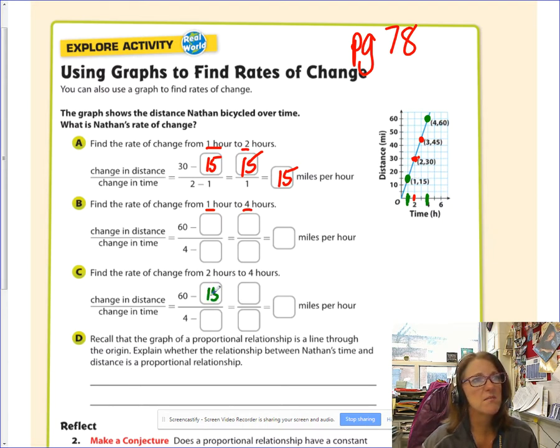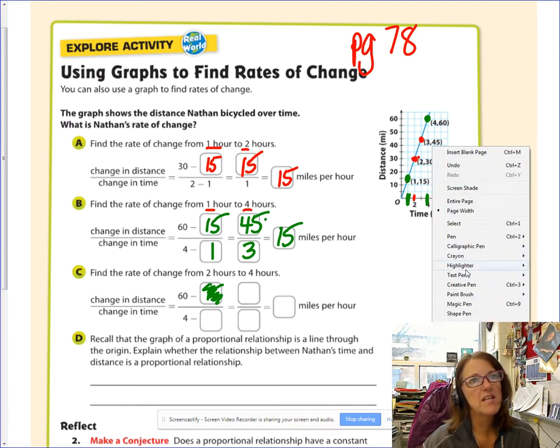So take 60 minus 15, and that should give you 45. The change in time was from 1 hour to 4 hours. So take 4 minus 1, which is 3. Simplify this ratio, 15 miles per hour.